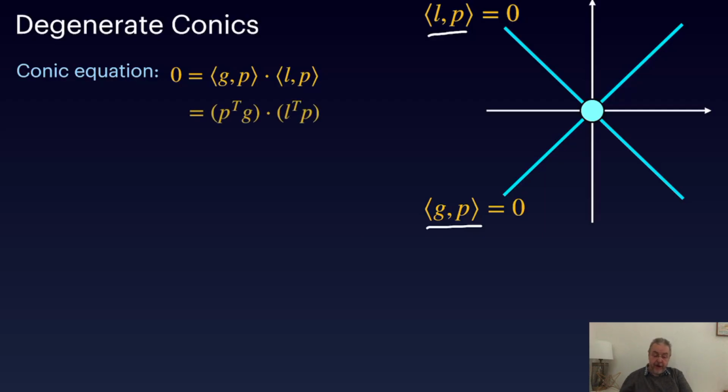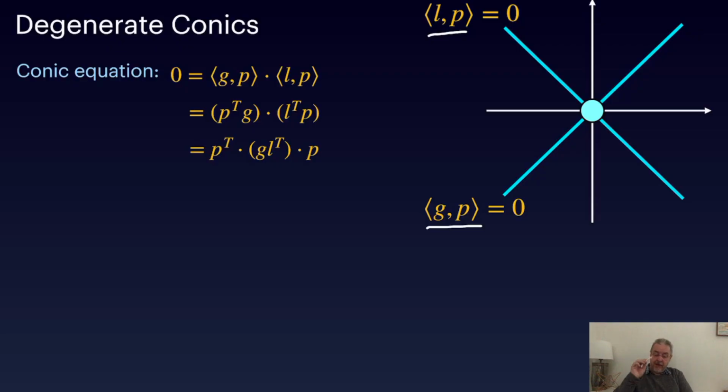And here's a kind of cooking recipe. First of all, rewrite your scalar products here as kind of vector multiplications with transposes here, and do it in a way such that you use the P transpose here and the L transpose here, and then reshuffle the multiplications and put G times L transpose together.